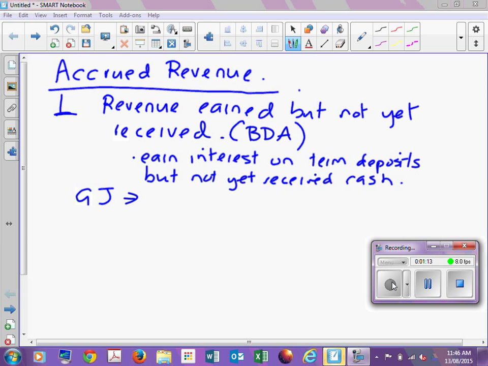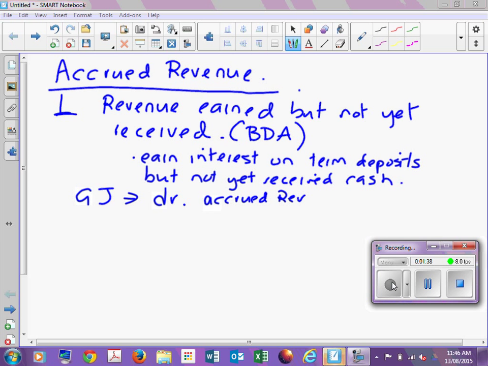The entries are always the same. In this case, we have created a new account called accrued revenue. And when I explained it the other day, remember I said pairs are assets, prepaid expense, accrued revenue. Accrued revenue is an asset.